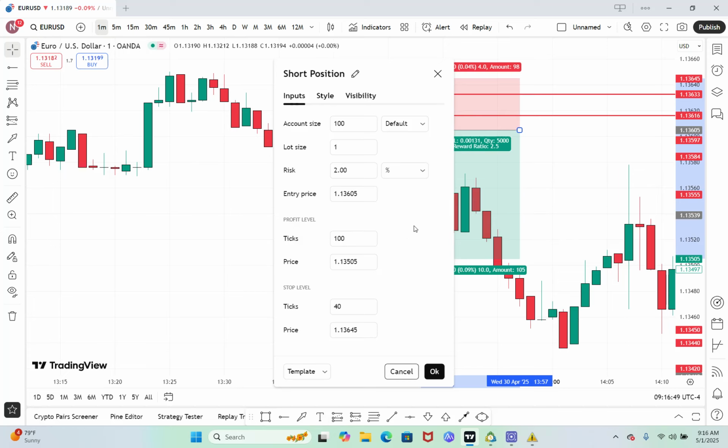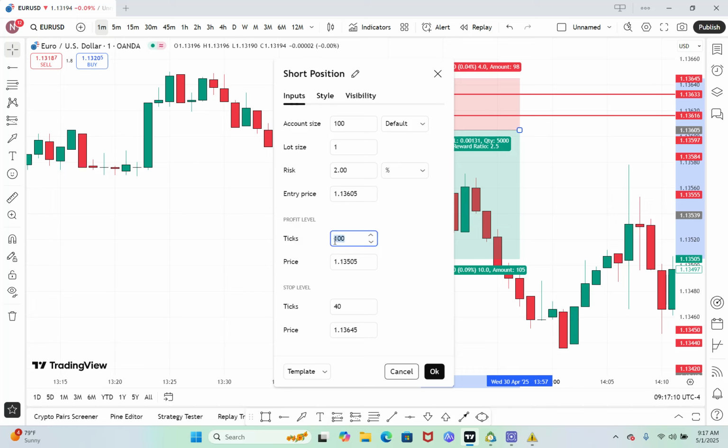100 pip profit, a little bit over 1 to 3. So we're risking 1, which is 40 pip, to make 3. 3 4s are 12, so this is 120 pip.